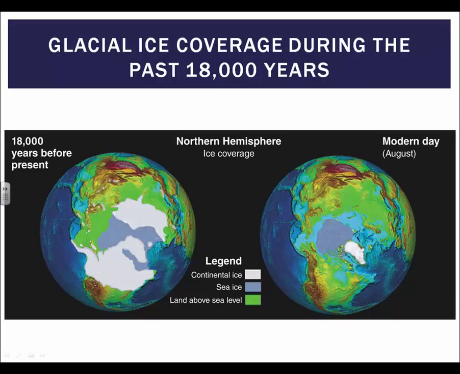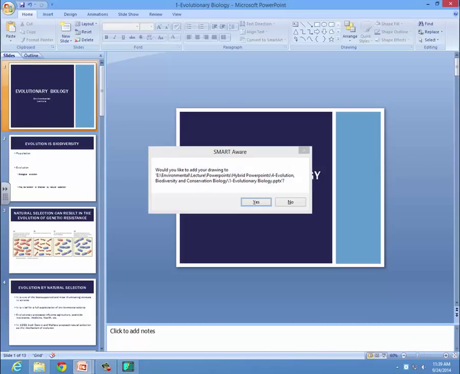Here we see the glacial ice coverage during the past 18,000 years. On the left you can see there's much more glacial ice, and on the right-hand side, you can see the difference here. Okay. We're finished with that topic. What we're going to talk about next continues on this evolution.